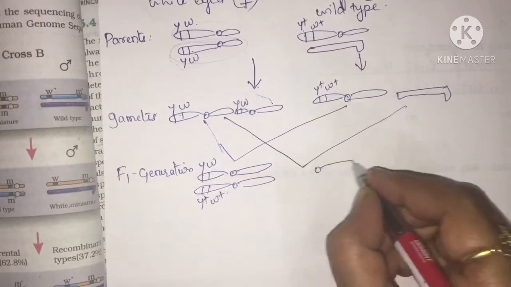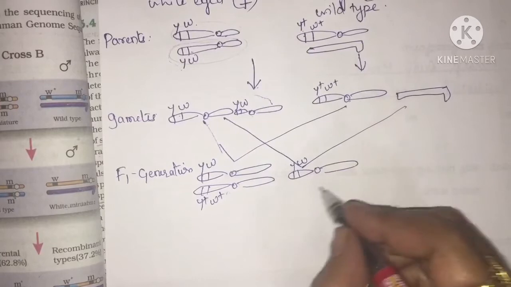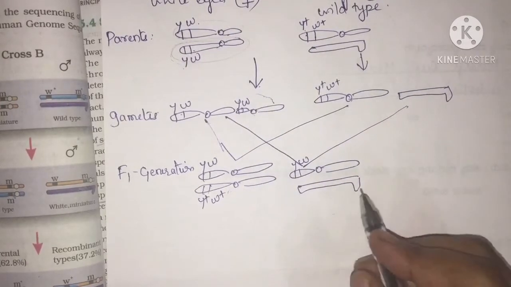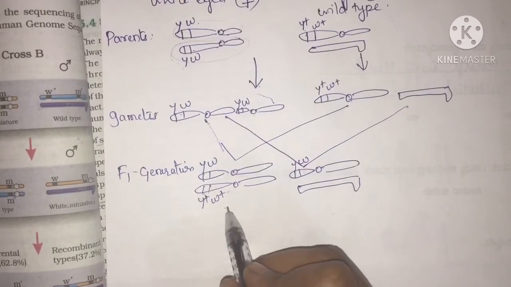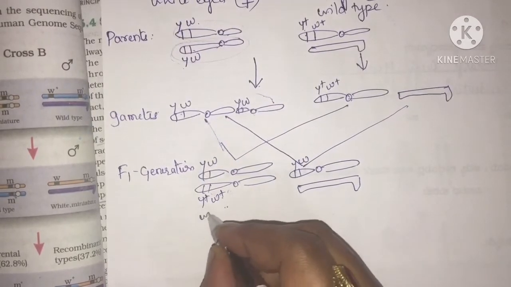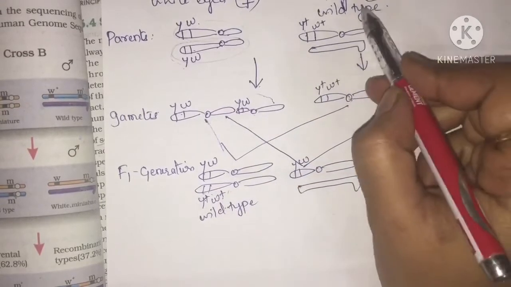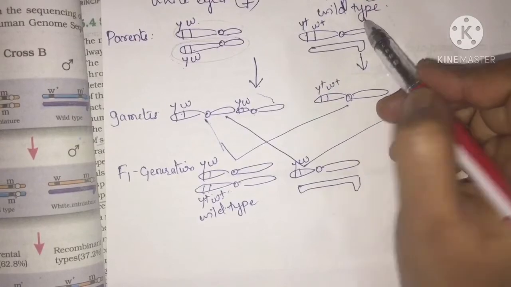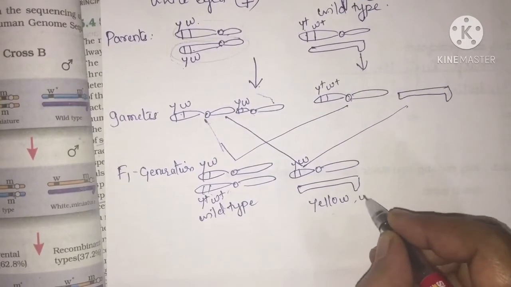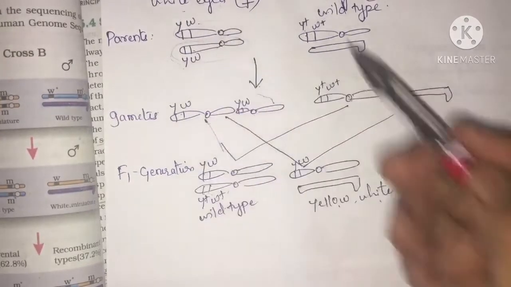You will find yw, and here this one. Now what is this one? This will become wild type, y+ w+. Wild type means brown-bodied and red-eyed. This one we call yellow white, yellow-bodied and white-eyed, which is its characteristic.